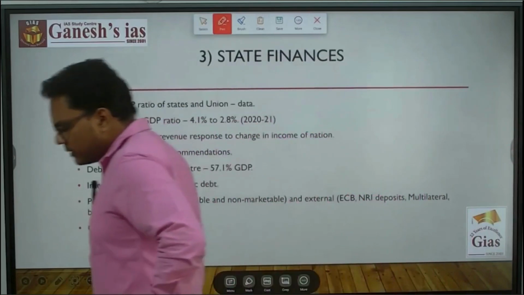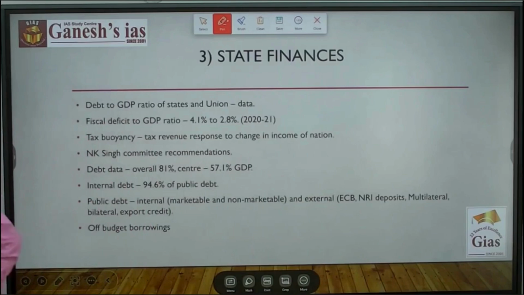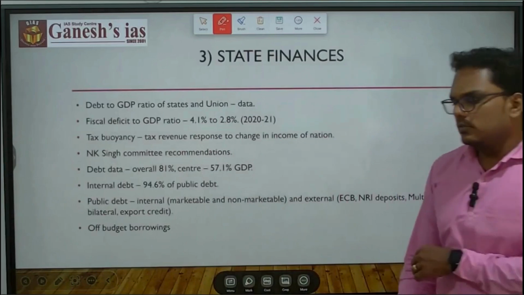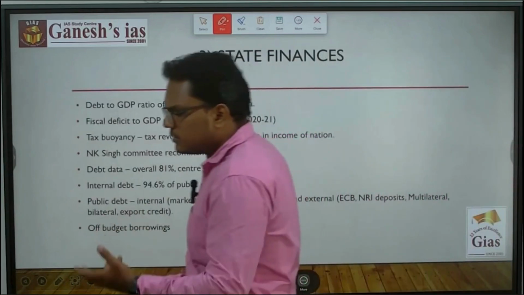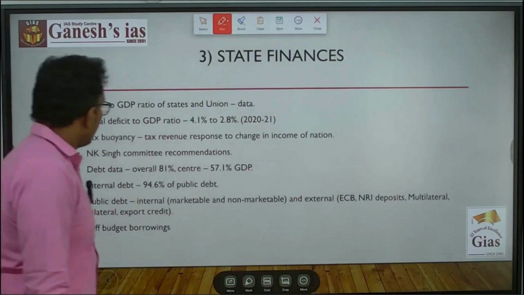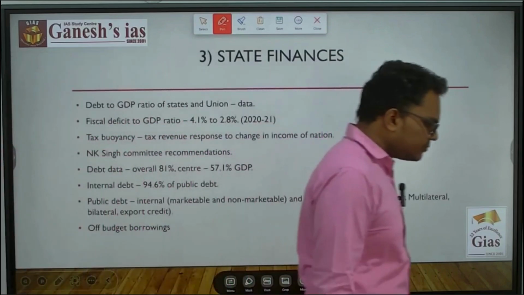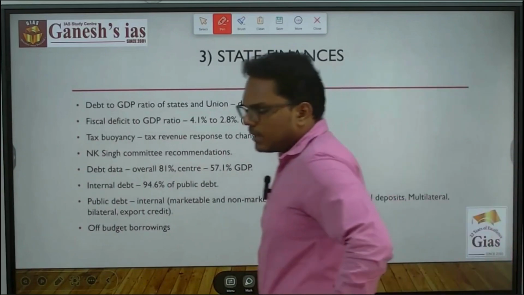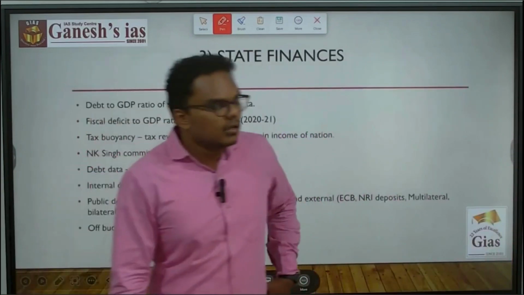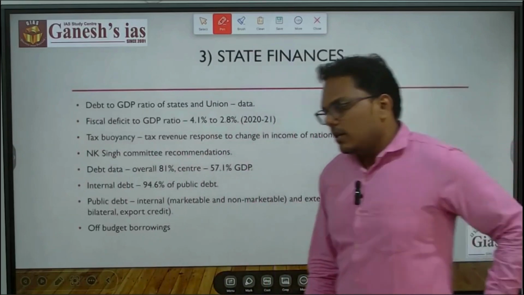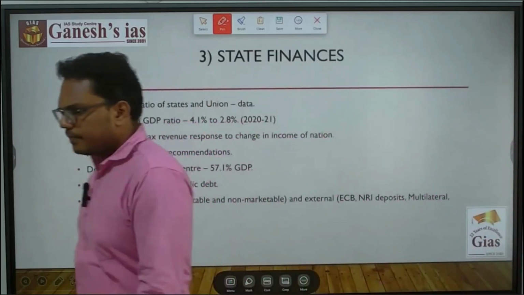Okay, moving to the next. The next is state finances. I think every alternate year you get a question on state finance regarding the debt to GDP ratio, or the fiscal deficit to GDP ratio, or the progress that we've made, or the targets that the committee has set, or the revised targets for the current year taken up in the budget.